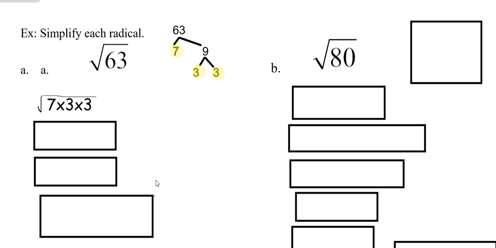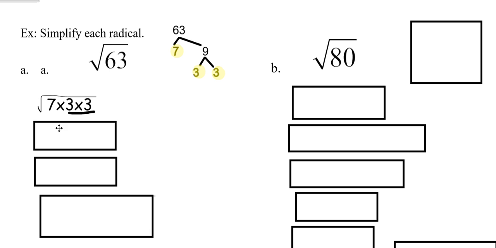Now that I have my prime factors, I have the square root of 7 times 3 times 3. I'm going to group them. The number in my index tells me how many of the same number are grouped together. In this case, I don't have a number, which means it's 2. So I can group my 3's together in groups of 2, and my 7 has to be left by itself.